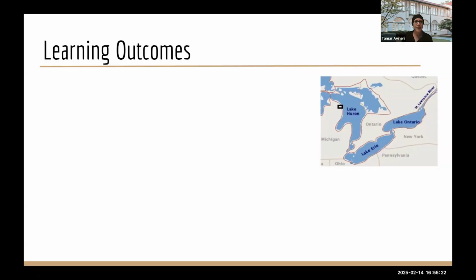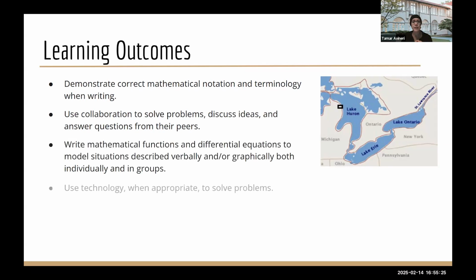And then some others, again, these are all listed on the syllabus. I don't include these in the actual write-up of this problem. It's something I may remind students that I really value. Demonstrating correct mathematical notation and technology when writing, using collaboration to solve problems, just as we did, writing mathematical functions and differential equations to model situations described verbally or graphically, and then using technology when appropriate.